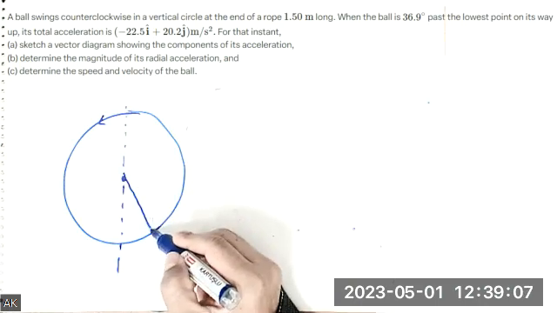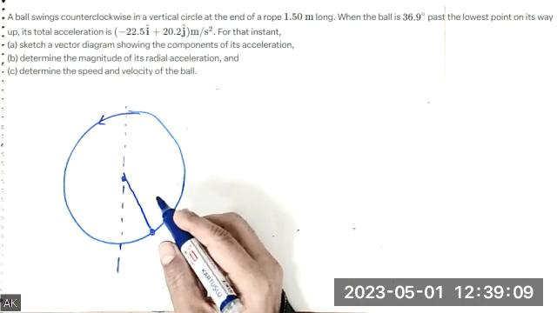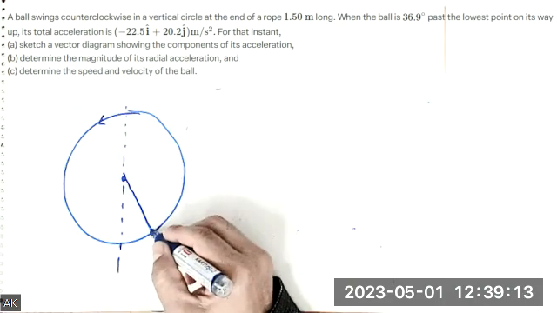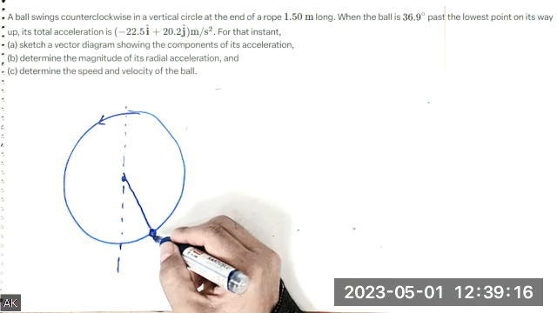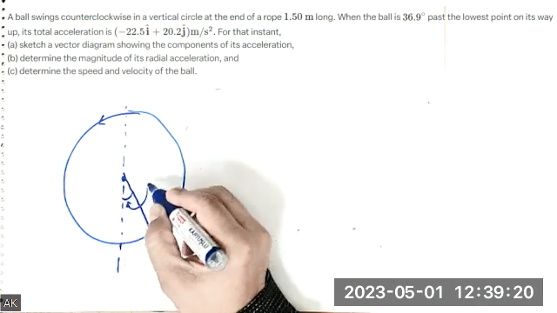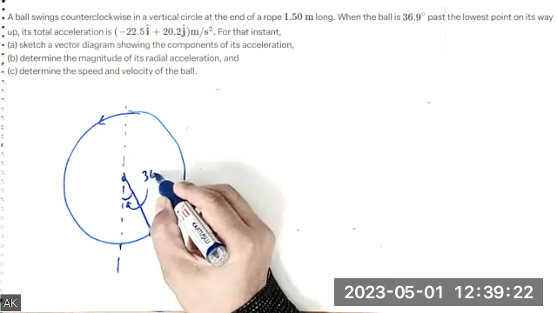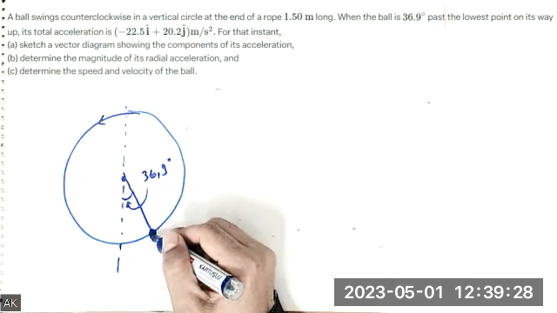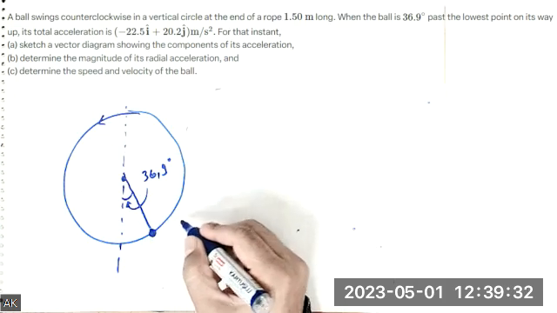This is the rope string. Yeah, this is the rope. And this is the object. And this angle is given as 36.9 degrees. Okay. All right, right over here, it says the total acceleration is given.